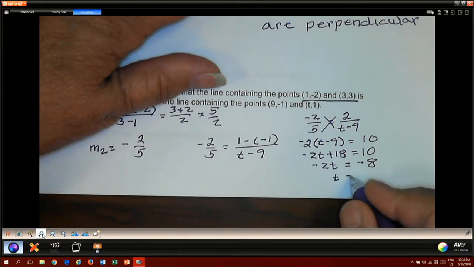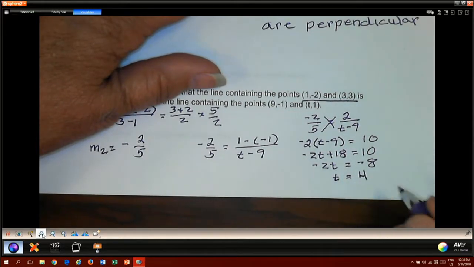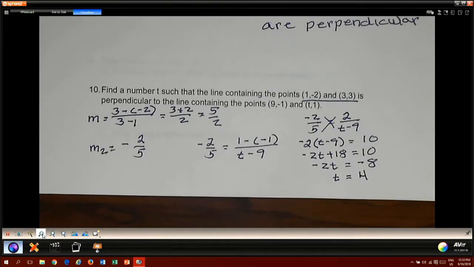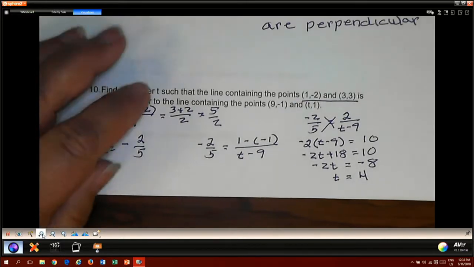Divided by negative 2, we have t equals 4. So if you plug 4 into this formula, you end up with a 2 over negative 5, which is the same thing as negative 2 over 5.